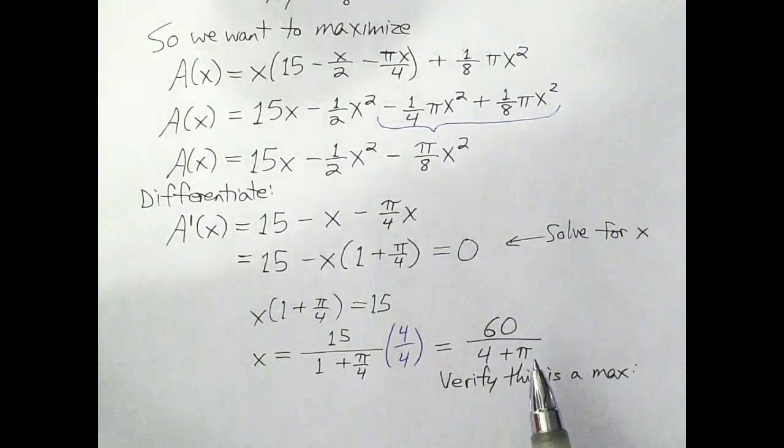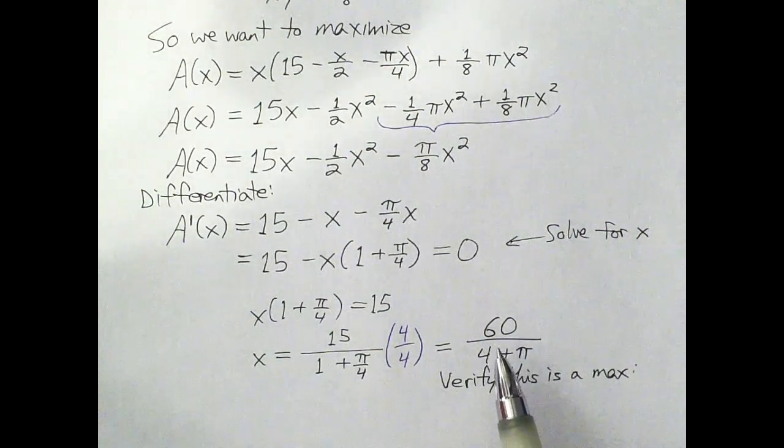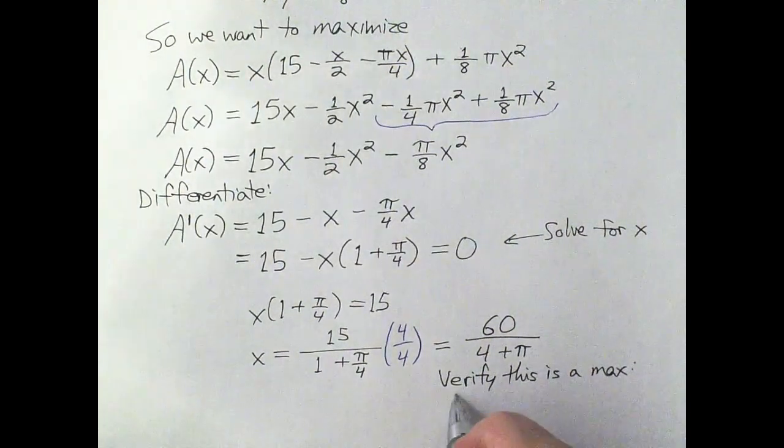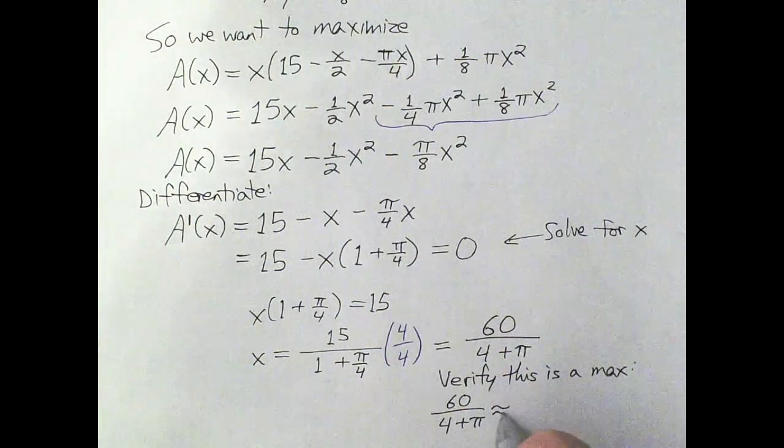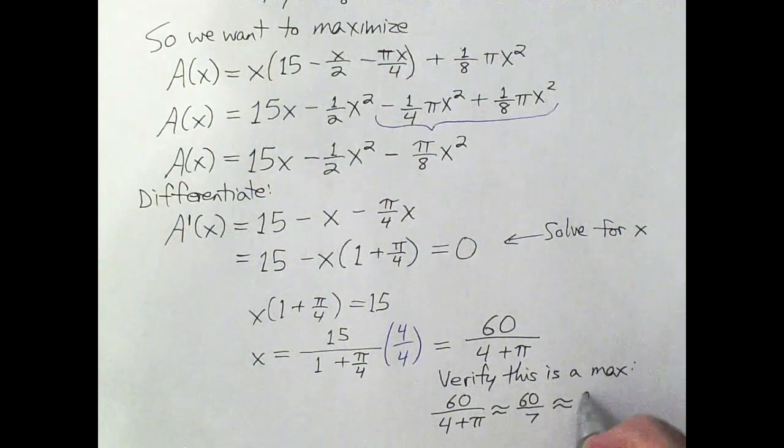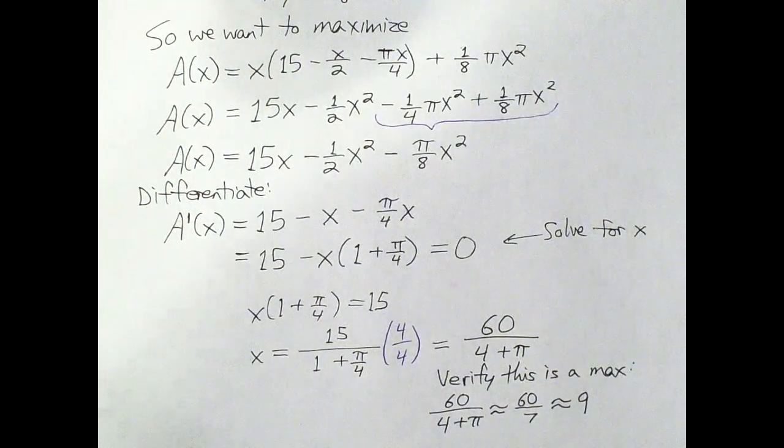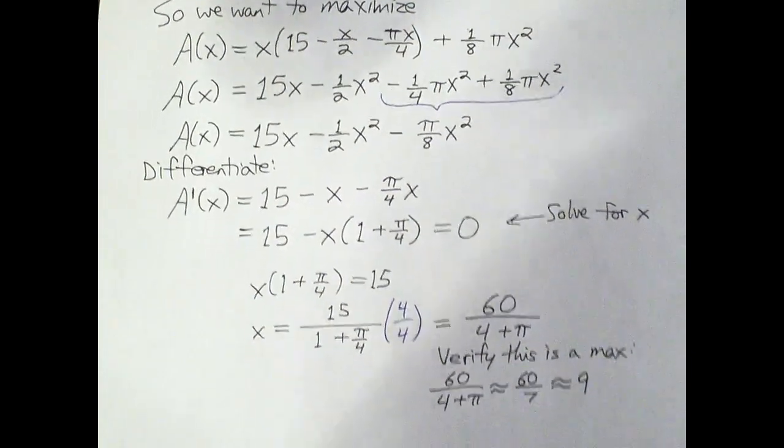Pi is a little bit bigger than 3, so 4 plus pi is a little bit bigger than 7. 60 over something that's approximately 7 gives me a rough enough idea. I'm going to say this is roughly 60 over 7, which is roughly equal to 9. Now, it's not exactly 9, but that's close enough that I can check something to the left and something to the right.